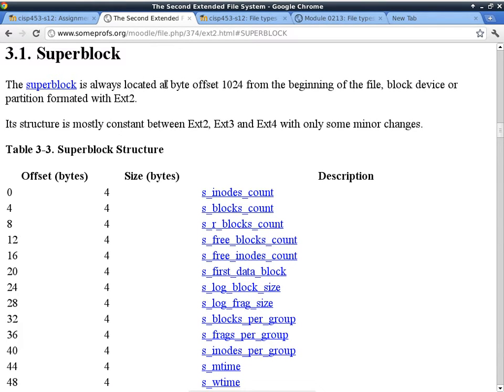The superblock is always located at byte offset 1024, which means there's another 1024 bytes before the superblock that is not used, from the beginning of the file, block device, or partition formatted with extension 2. What that means is if you have already partitioned your hard drive, then you can use the partition device itself, like SDA1, the one with a number on it, in order to access extension 2 or the superblock.